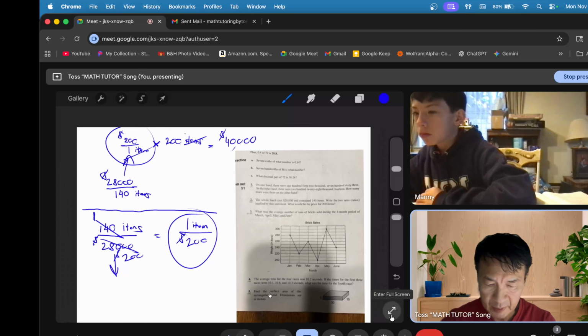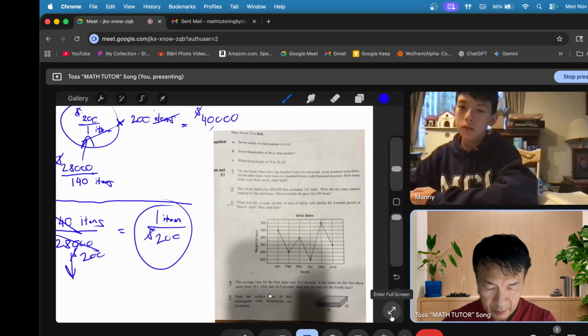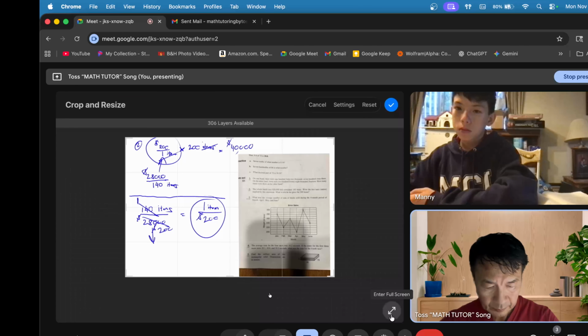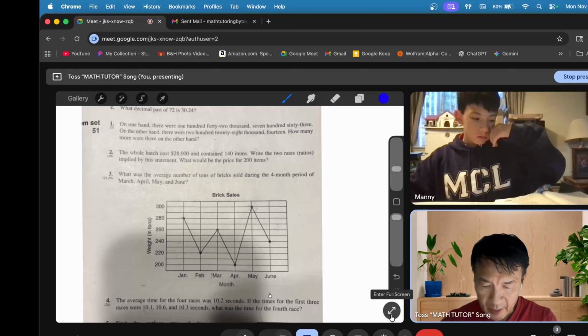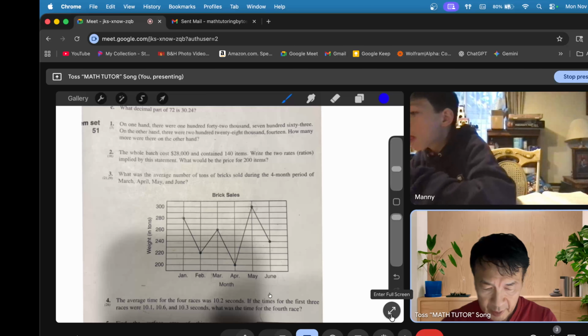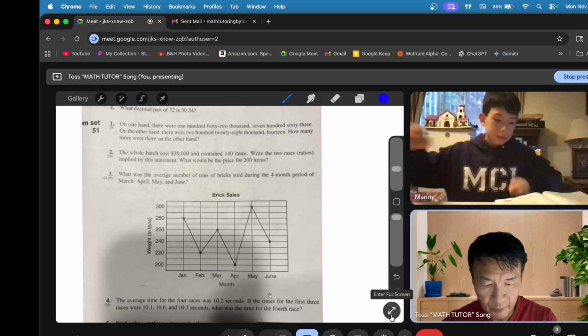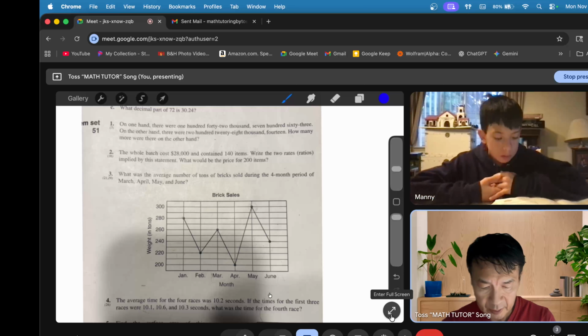Do you see that? This is maybe the best way to do the work and show the work. All right, what about number 3? What was the average number of tons of bricks sold during the 4-month period of March, April, May, and June?